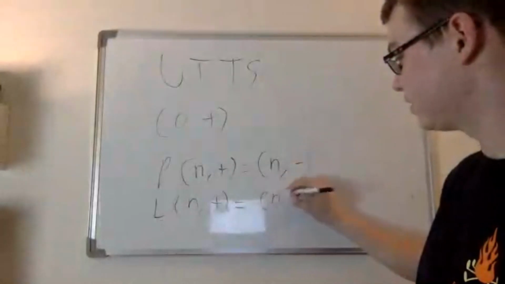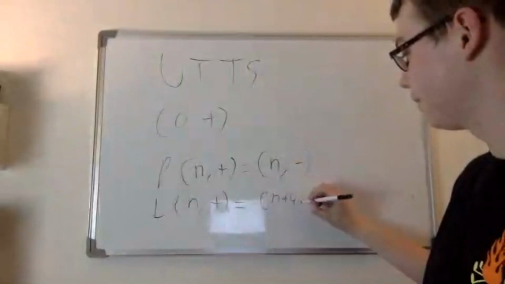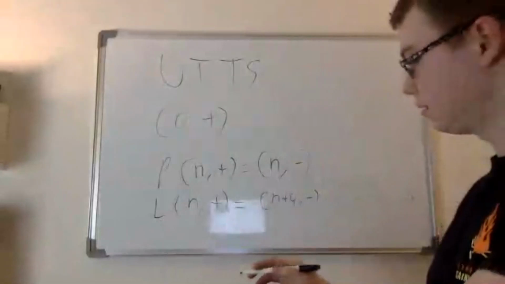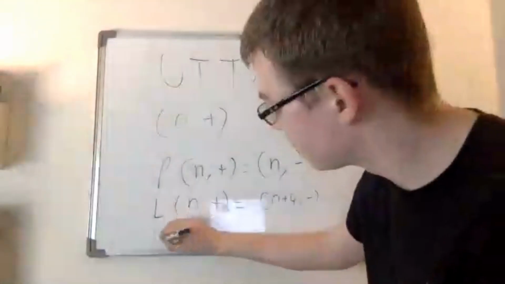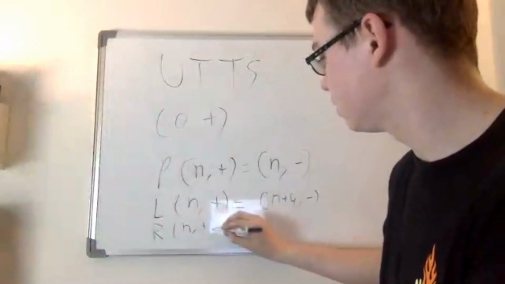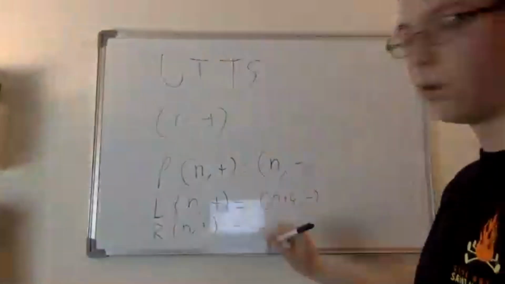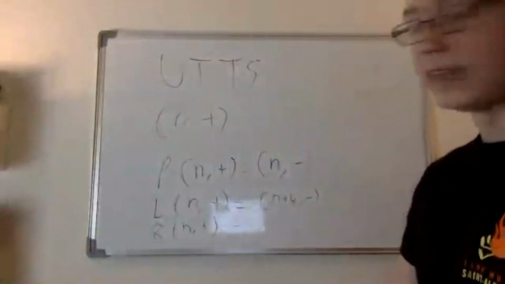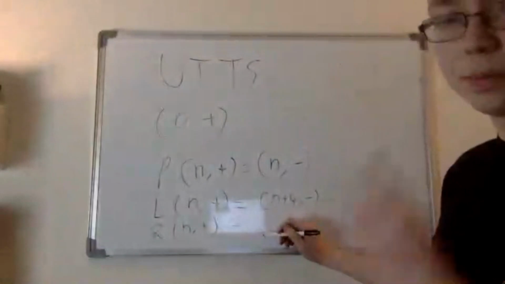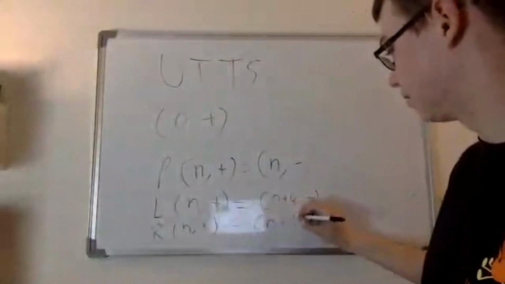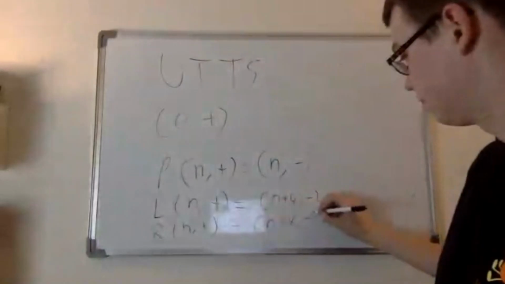So its root is n plus 4, and it's a minor triad. And then same thing with R on n plus. R turns C major into A minor. So that means it transposes the root up 8 semitones and turns it into a minor triad. So this equals n plus 8 minus.